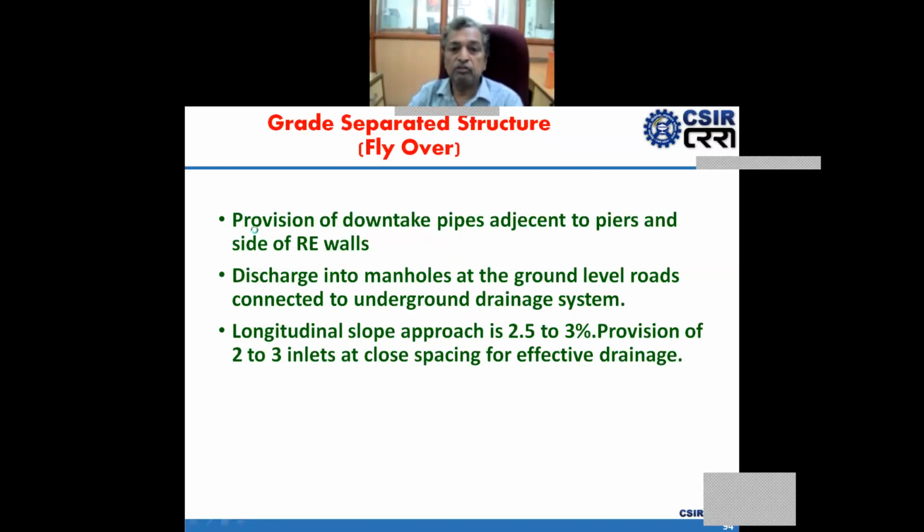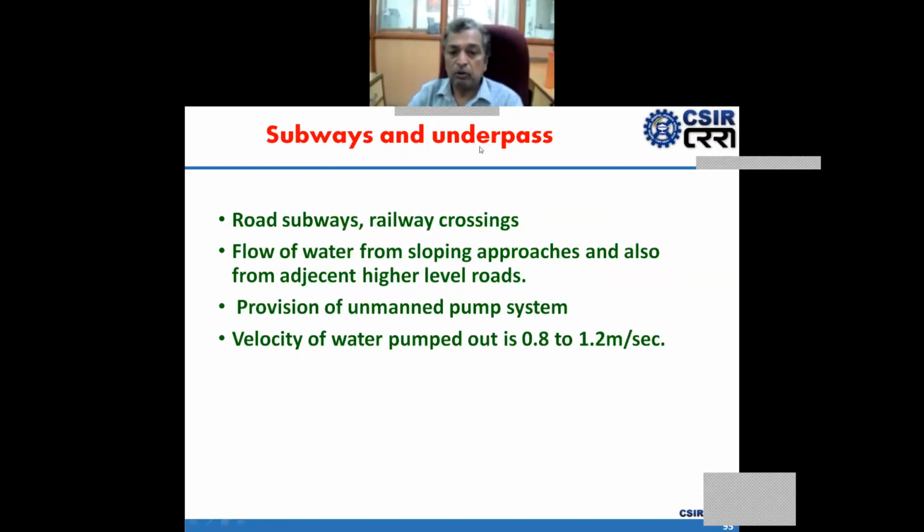So in subway and underpass, provision of unmanned pump is essentially required. It will start when water is accumulated there, and velocity of water should be like this.